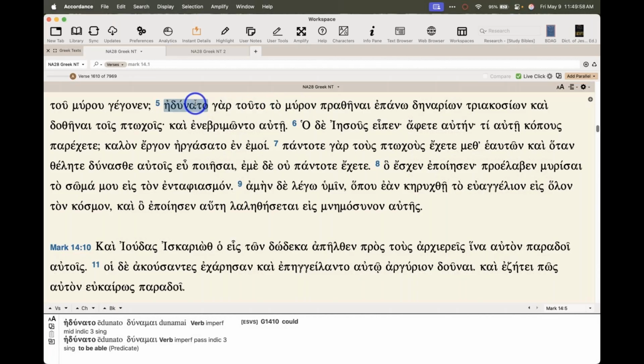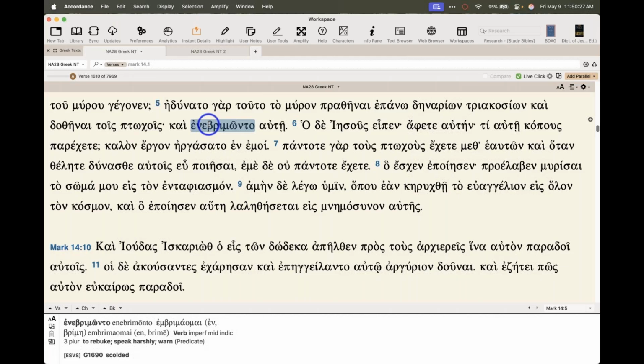For this ointment could have been sold for more than 300 denarii and given to the poor. The idea being, and the money given to the poor. So there's a little bit of eliding there. Greek is kind of leaving out what we could make explicit in English, but the money given to the poor.